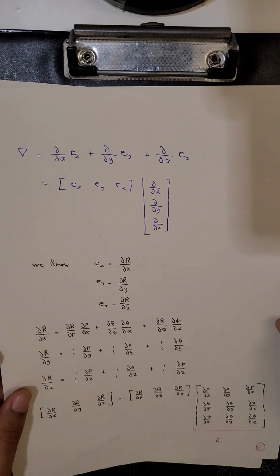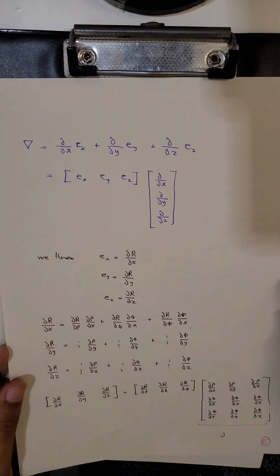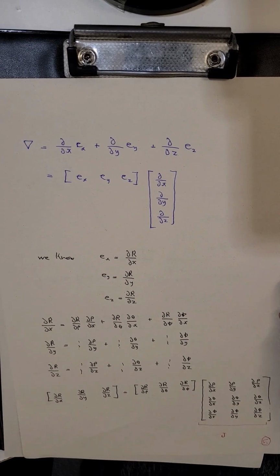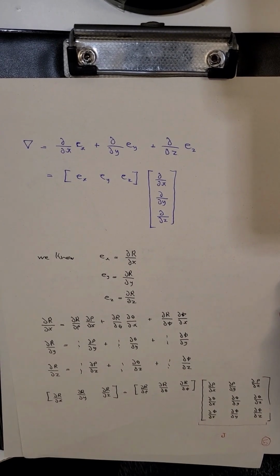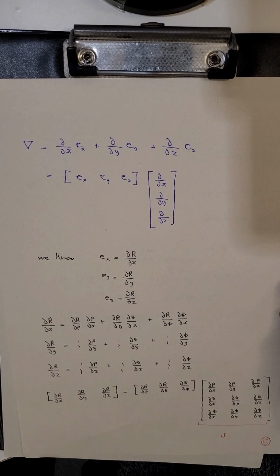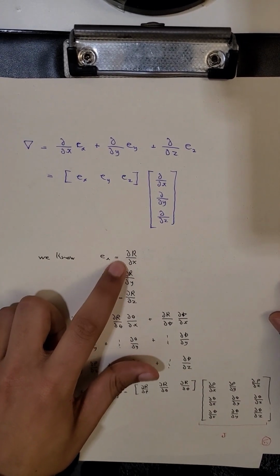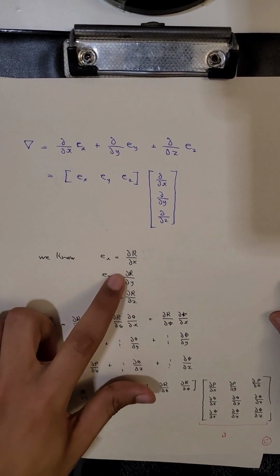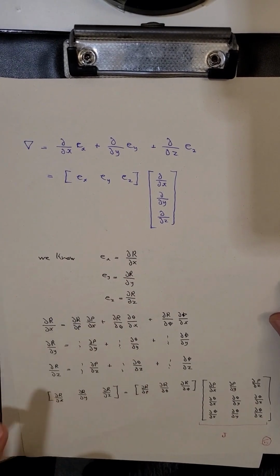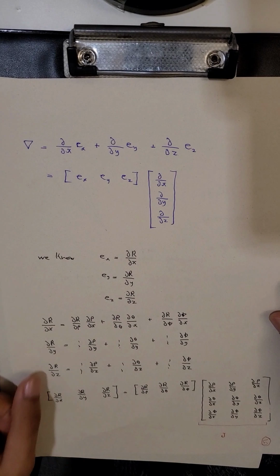First of all, one way to define basis vectors is through the partial derivative of some position vector in the direction of that coordinate. So ex can be defined as partial r, partial x, and ey as partial r, partial y, and ez as partial r, partial z.